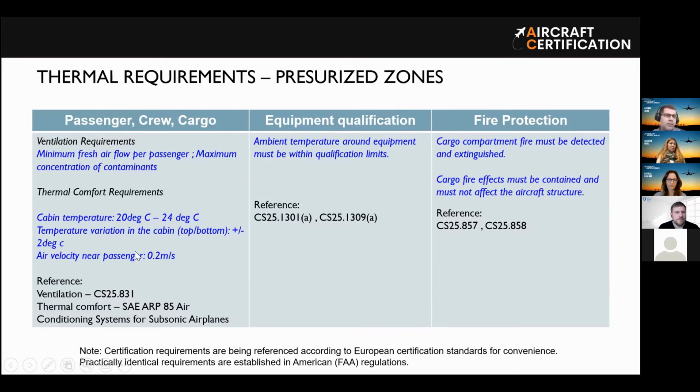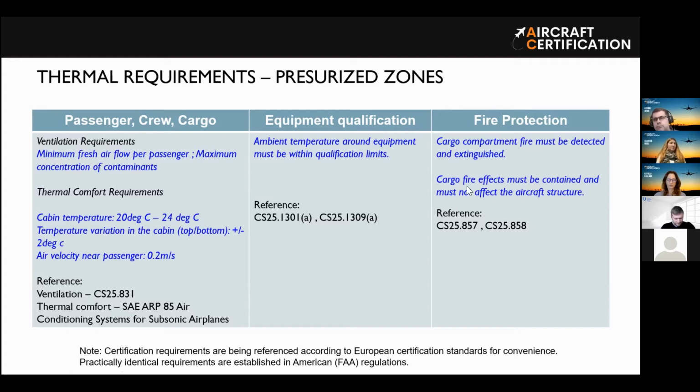But also we have many requirements related to comfort of the passenger, so requirements where the operator of the aircraft wants to have a comfortable environment for their passengers. In terms of the equipment qualification, it's the same. We need to guarantee that the equipment is in an environment that is adequate for them, so the temperature limits must be adequate.